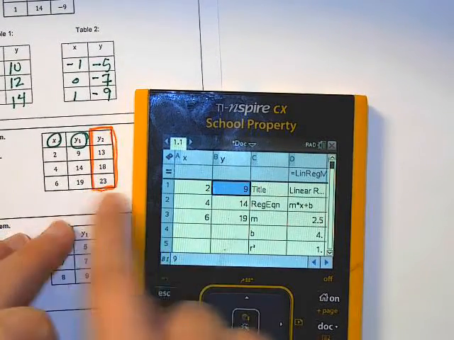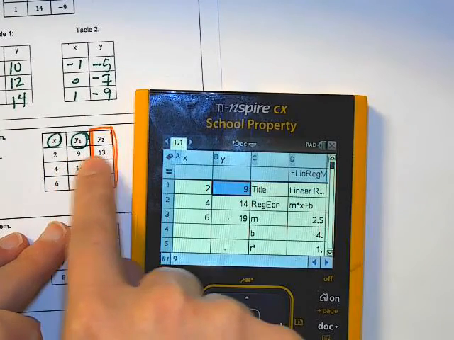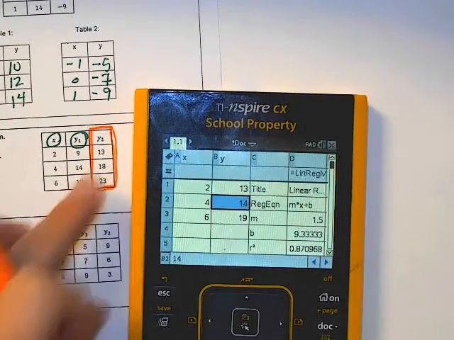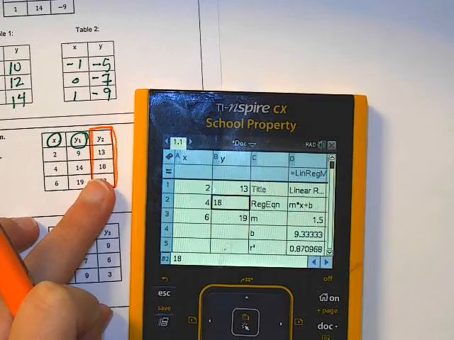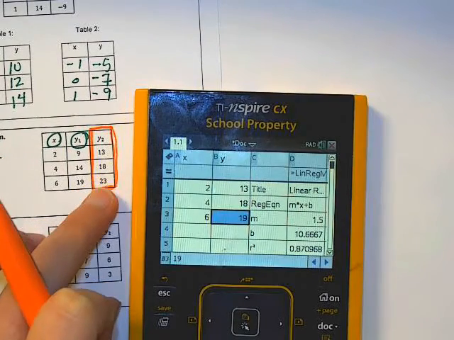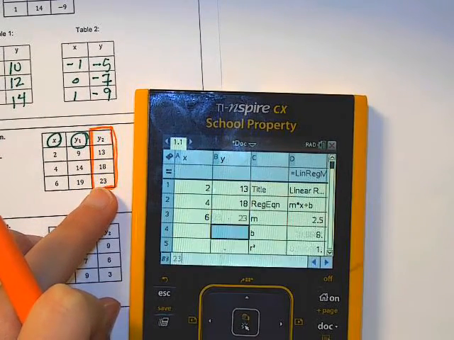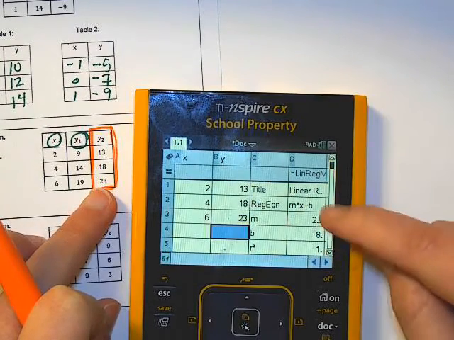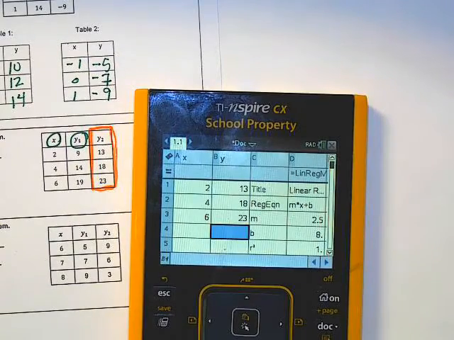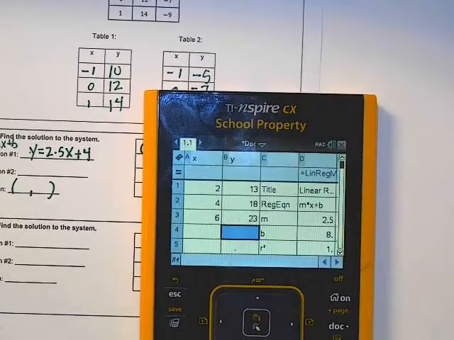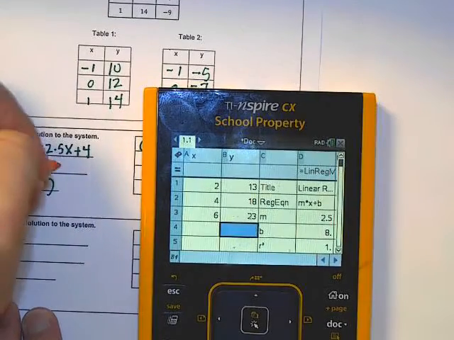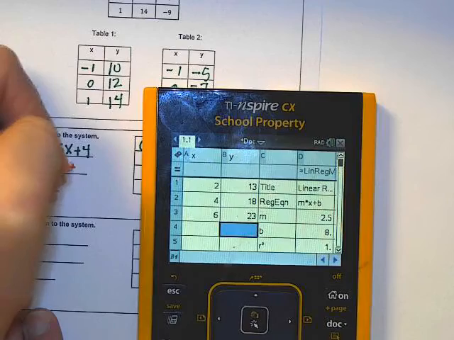So instead of having a 9, I want to have a 13. Enter. Then I'm going to type 18, and then 23. And look, it changes the m and b for me. So now I have a new equation: y equals 2.5x plus 8.